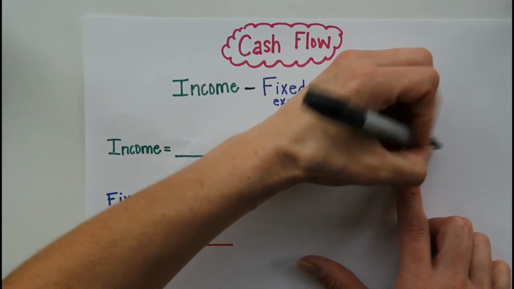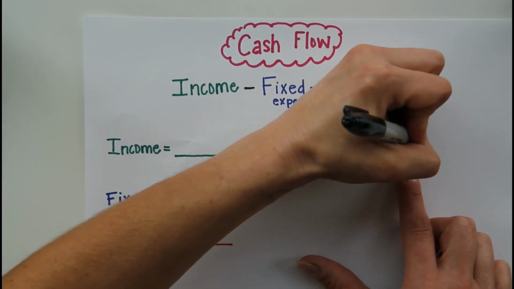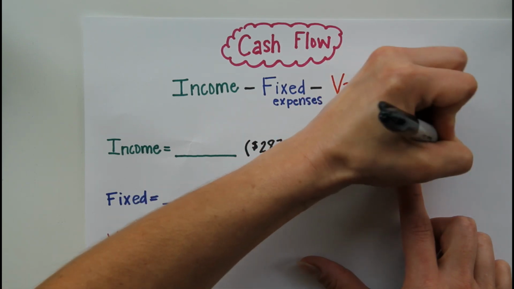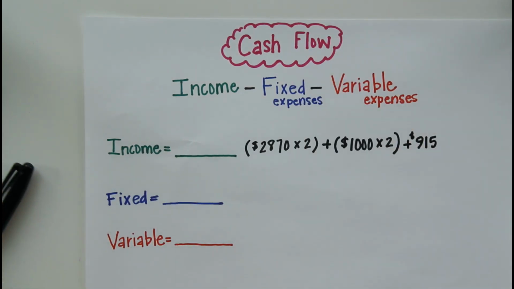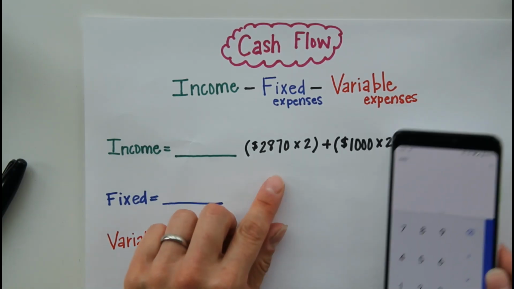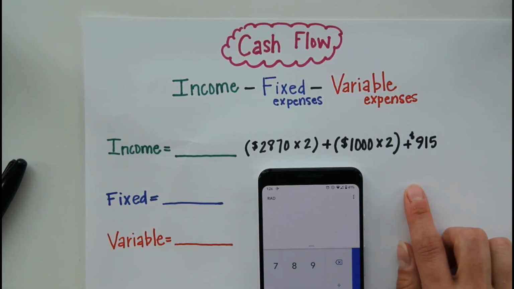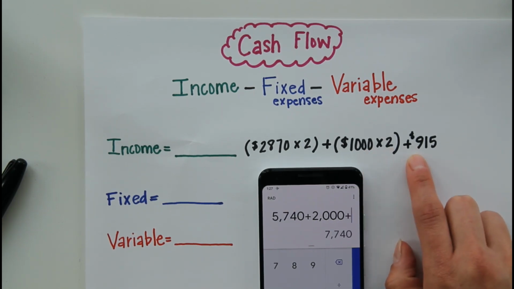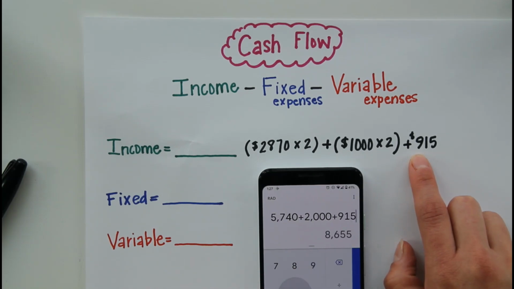And then we have that third income that is once a month, and that is for $915. Okay, so looking at our income, we will take that $2,870 times 2, add it to 1,000 times 2, add it to the 915.